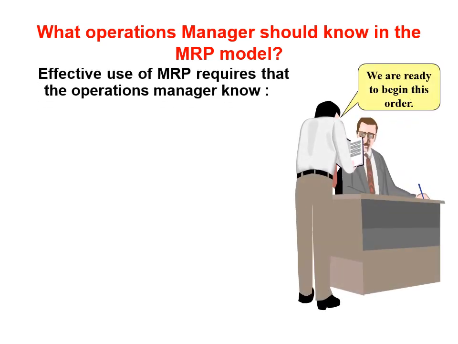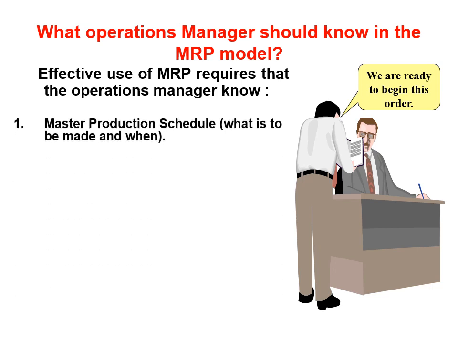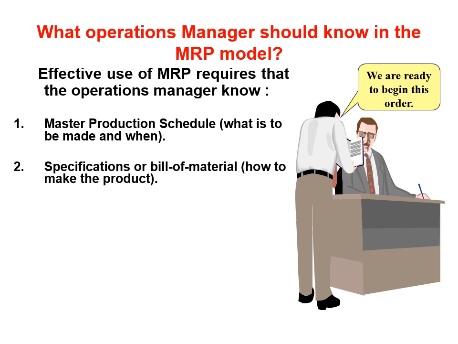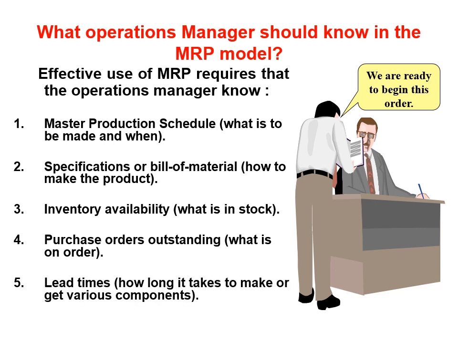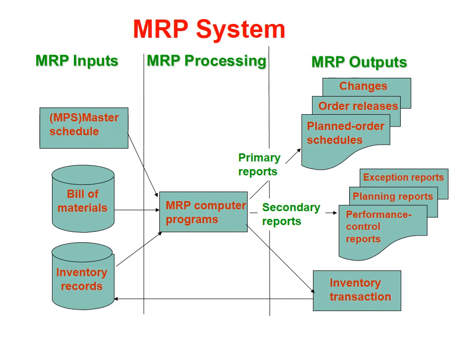Effective use of MRP requires that operation managers know the master production schedule, what is to be made and when; specification or bill of materials, how to make the product; inventory availability, what is in stock; purchase orders outstanding, what is on order; and lead times, how long it takes to make or get various components.